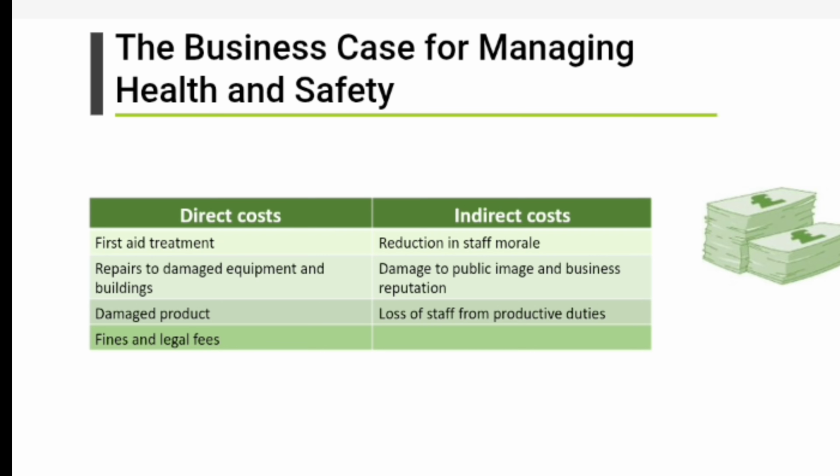They can include a reduction in staff morale, damage to the organization's public image and business reputation, and loss of staff from productive duties. By recognizing these costs, organizations can take proactive measures to prevent accidents and ill health, minimize financial impact, and create a safe and productive work environment.